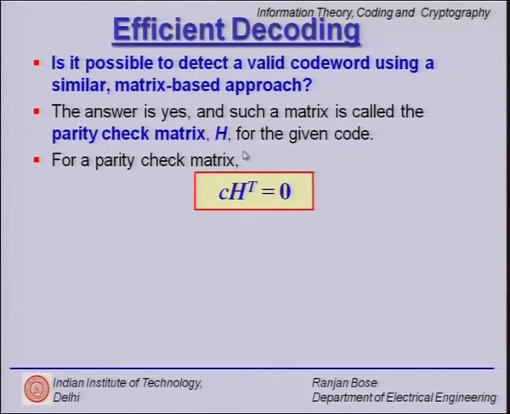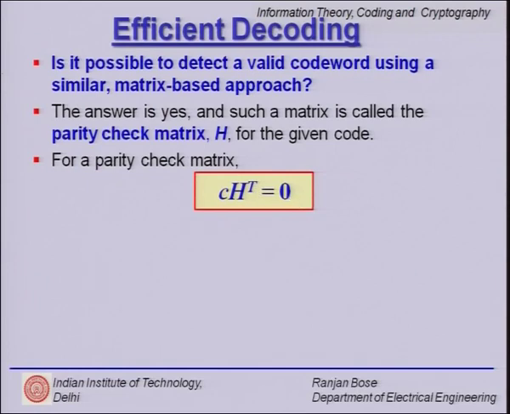Now what is our wish list? This parity check matrix, as the name suggests, should be able to see whether the code word is valid or not. So my wish list is that any valid code word C when multiplied with H transpose should give me a 0 vector.